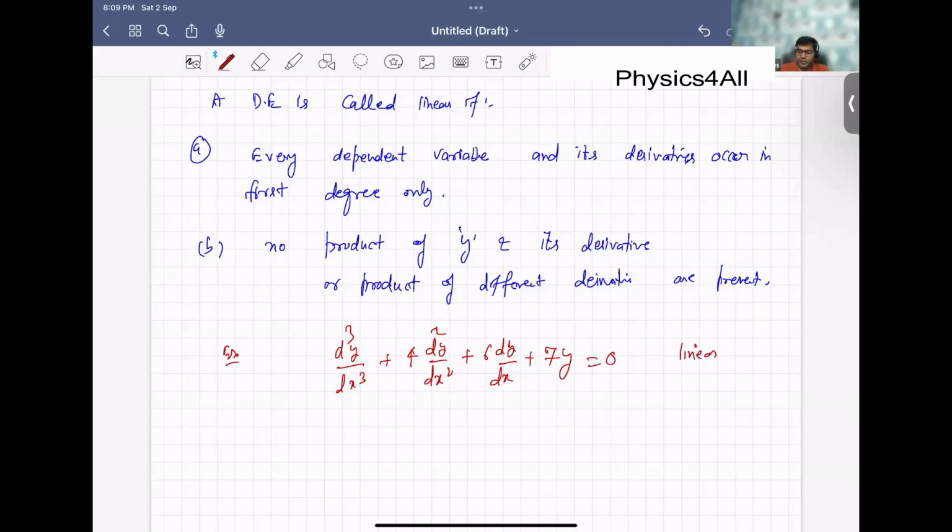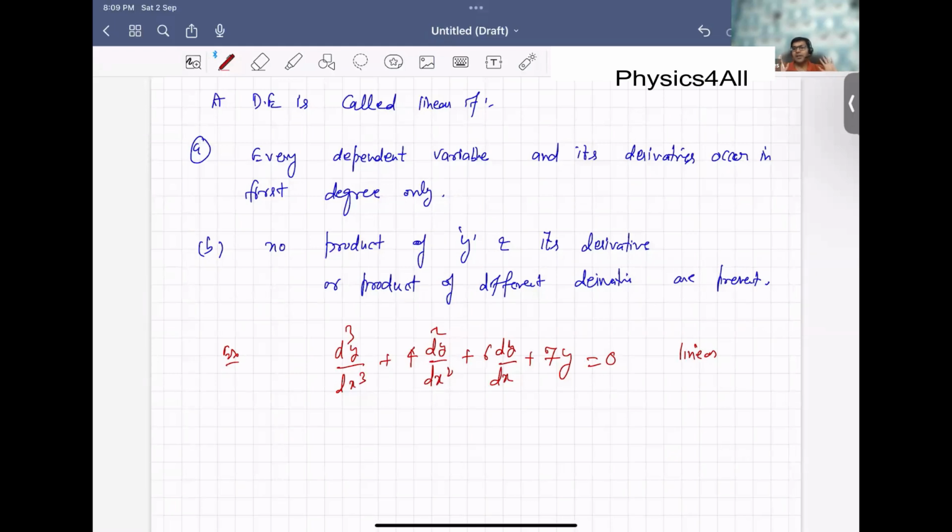Why? Because the highest order derivative, I can take everything to the right hand side, and you will have minus 4 d2y by dx2 minus 6 dy by dx minus 7y. So it's a linear combination of the lower derivatives like second order, first order, and y itself, right? In other words, there is no square of y prime, y double prime, and there are no cross product terms with y prime, y.